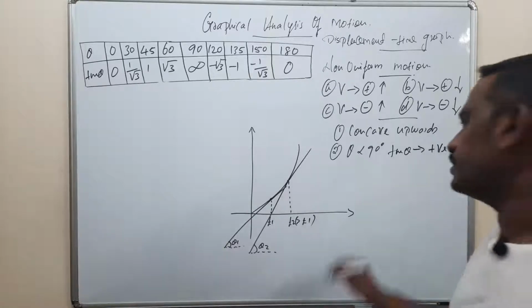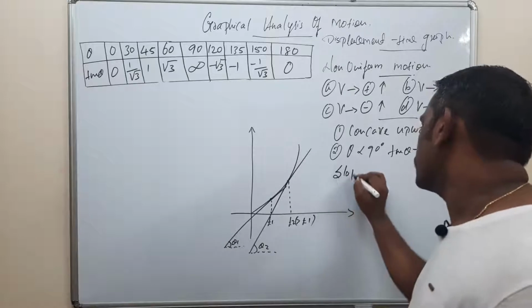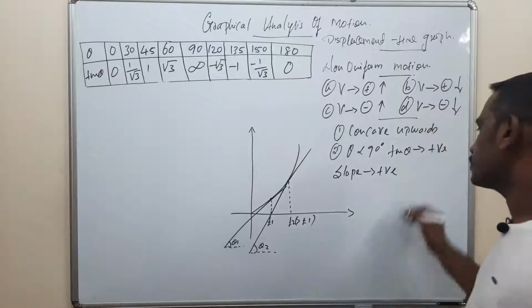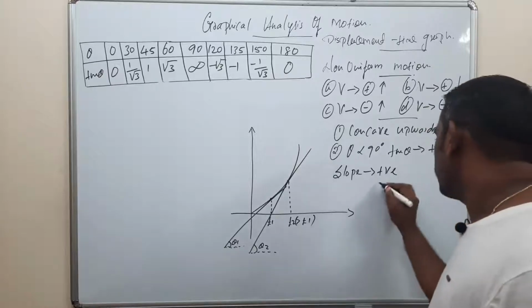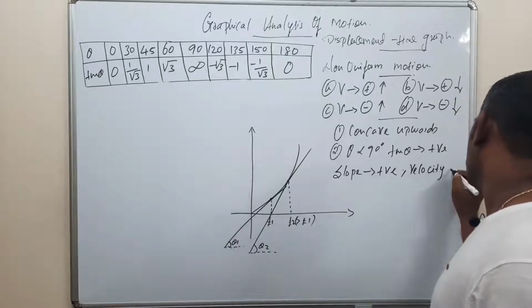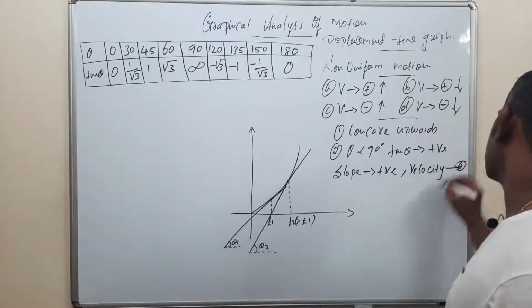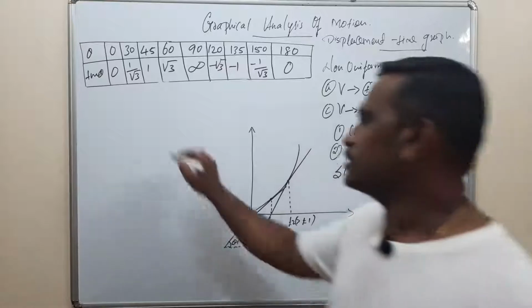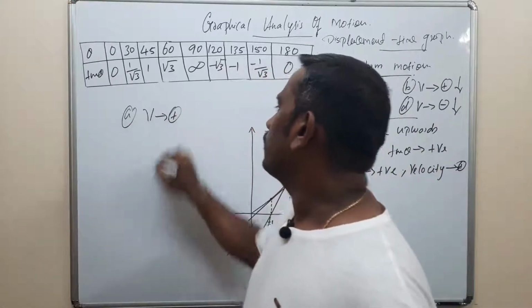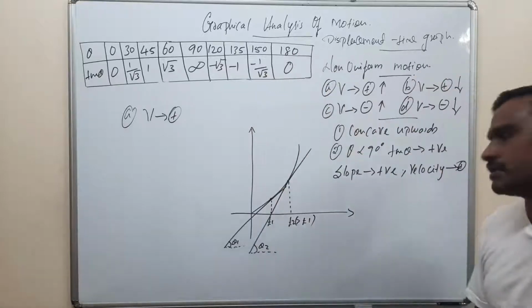Tan theta positive means slope positive. Slope positive means velocity positive. So here, velocity positive.